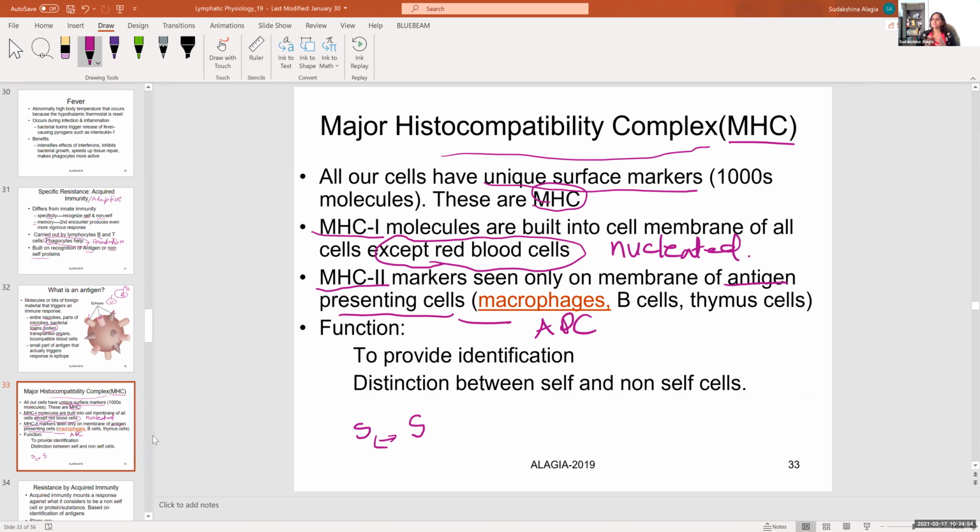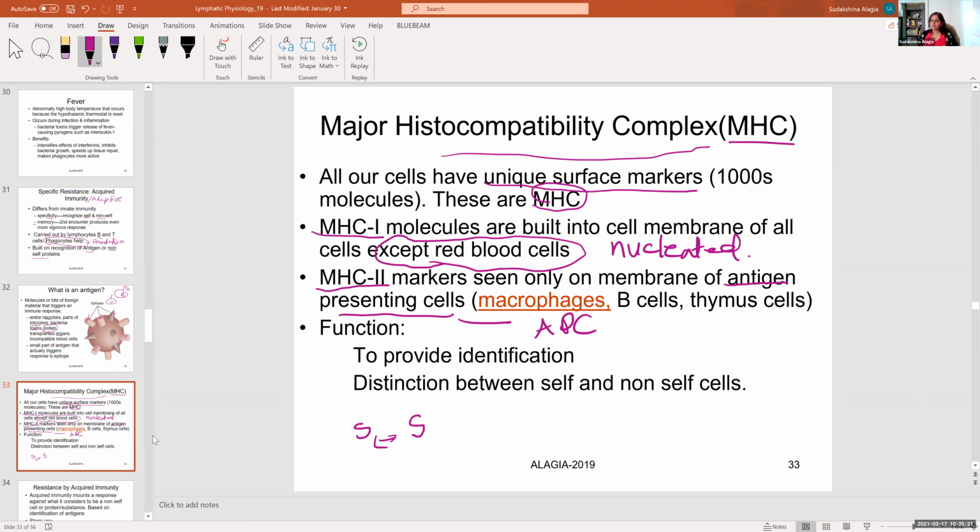Antigen presenting cells display an antigen by inserting it with the MHC2 marker, and that facilitates other immunogenic cells like B cells and T cells to recognize the antigen and start or help with an immune response.